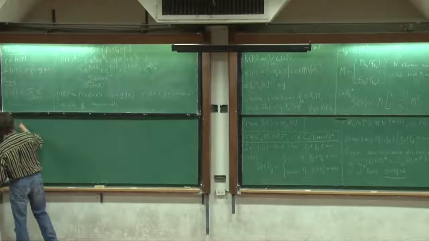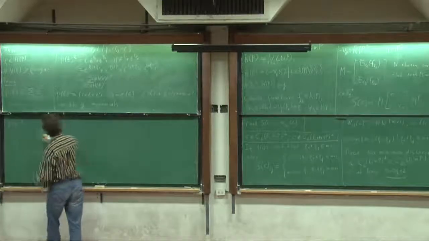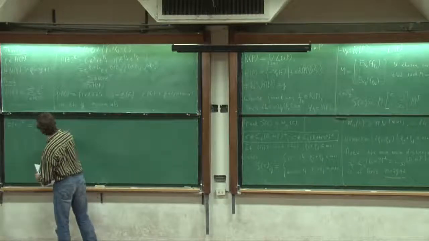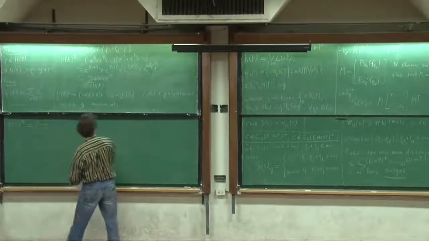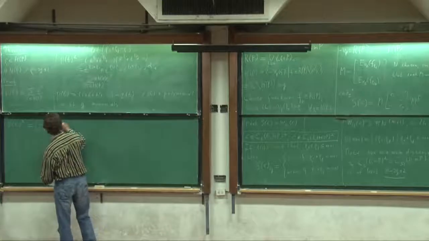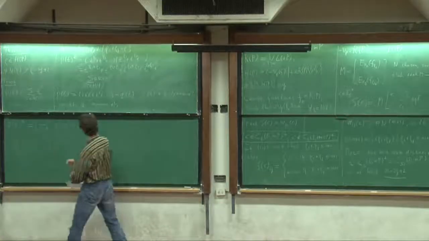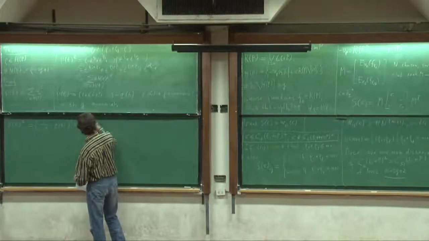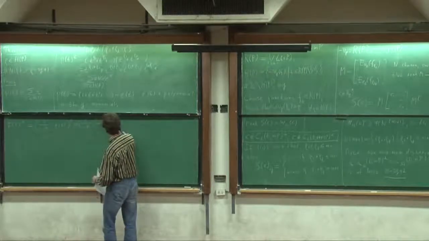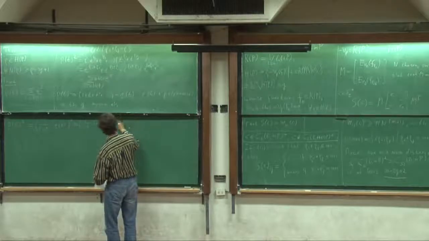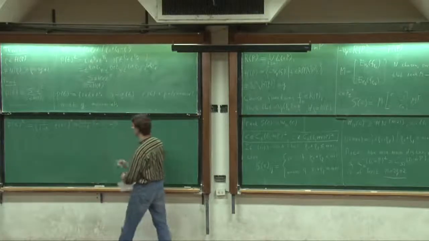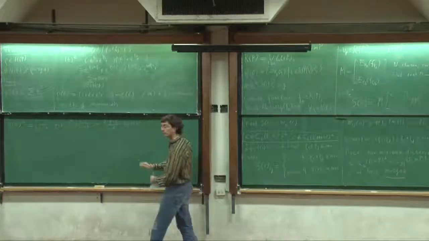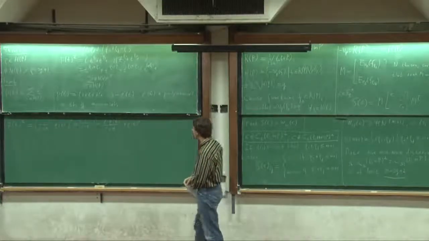This p of t squared is then nothing but the geometric power series 1 over 1 minus t, minus q of t, squared, which is going to be 1 divided by 1 minus t squared, minus twice q of t over 1 minus t, and then plus q of t squared. And that's all it is.